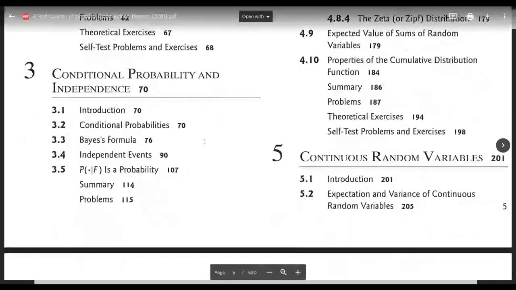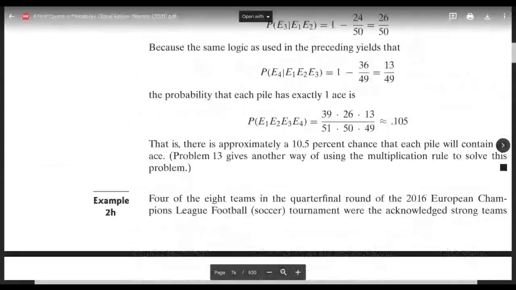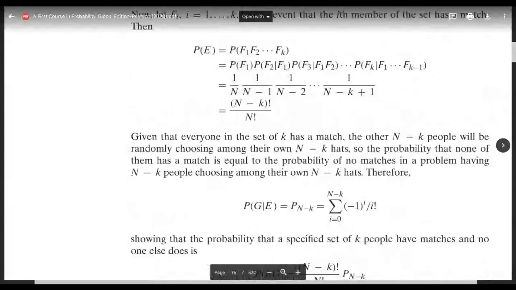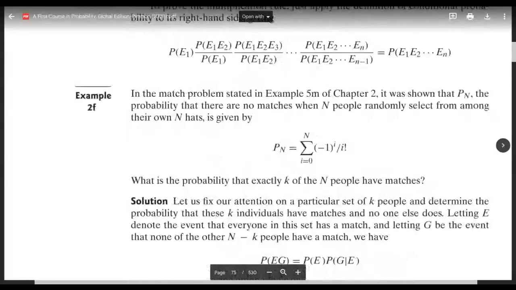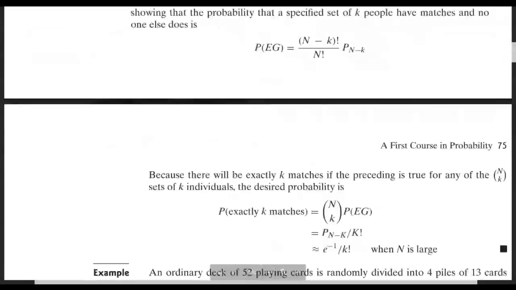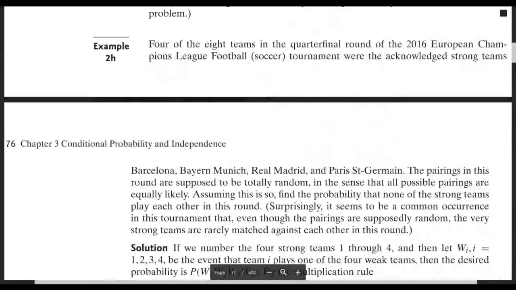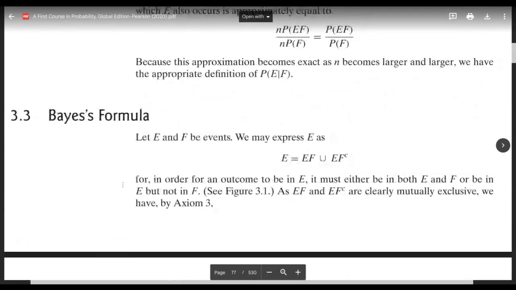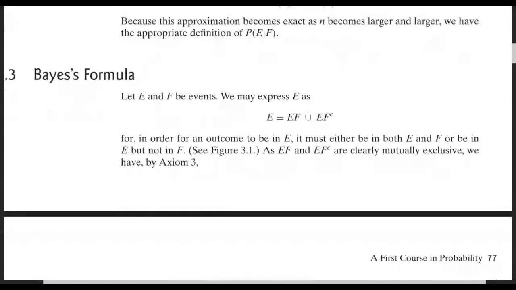All right. So today we're going to talk about something called the Bayes formula, and it's very famous. All right, chapter 3, section 3. So E and F events.